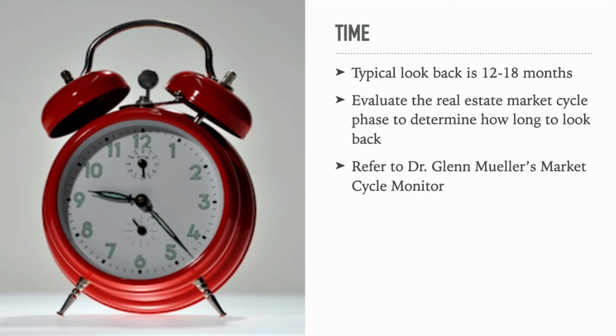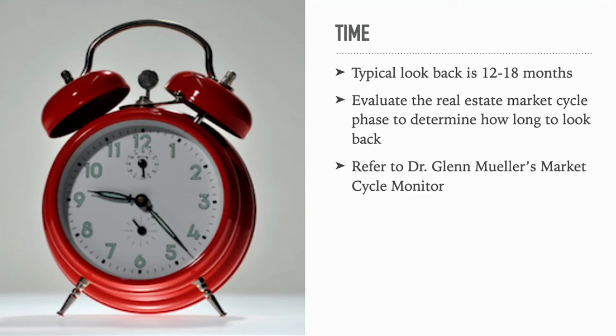Sometimes you're going to go back 2 years, but I rarely look beyond that. I like to stay within that 12 to 18 month time frame. And part of the reason is it typically takes that amount of time to get enough representative sales to transact in a market to get to a reliable base of sales comps to use.